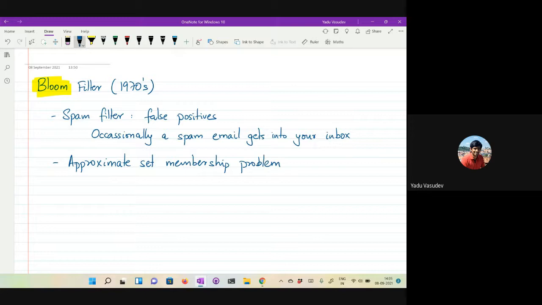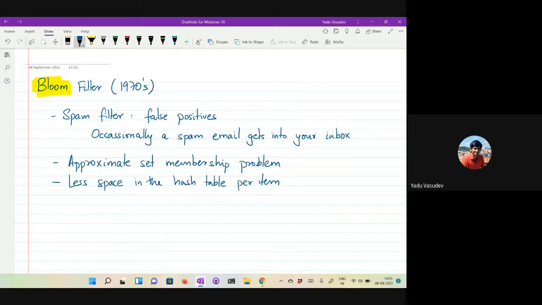And the nice thing is that it requires less space in the hash table per item. So this is what we will do.